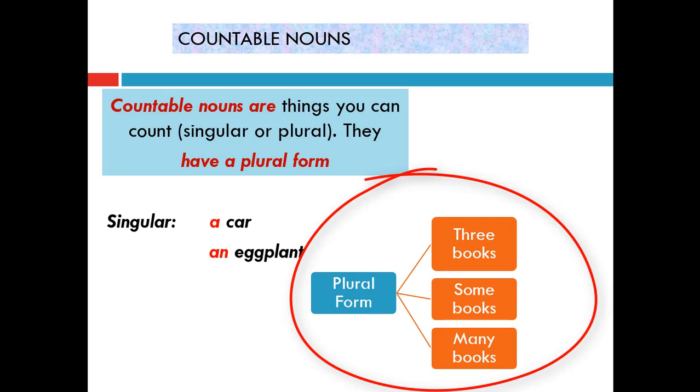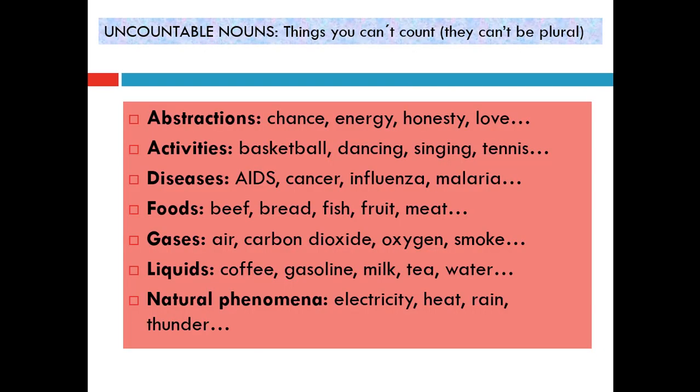Now let us talk about uncountable nouns. So uncountable nouns are words or nouns you cannot count. We cannot count them because we are concerned with the substance. For example, abstractions, the first example of uncountable nouns, like energy. It is quite abstract, like love and honesty, something like that.